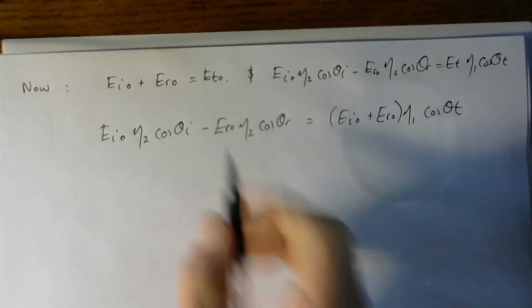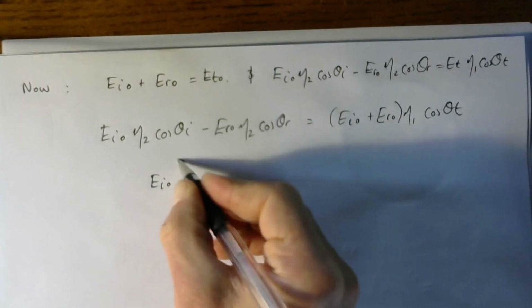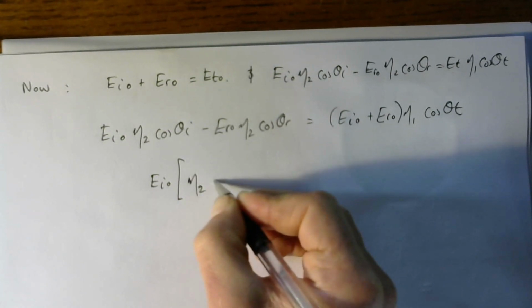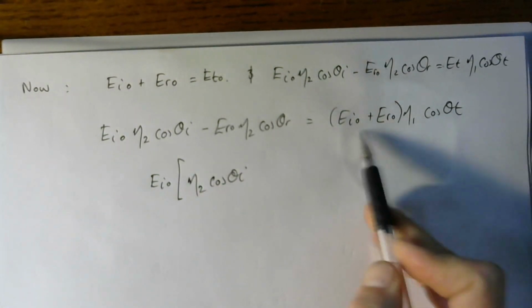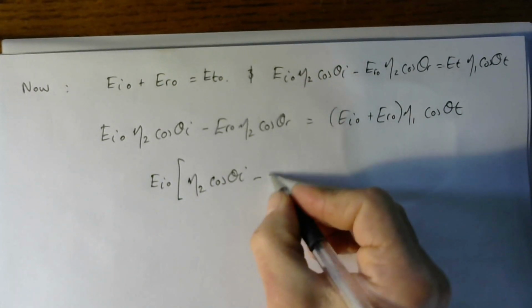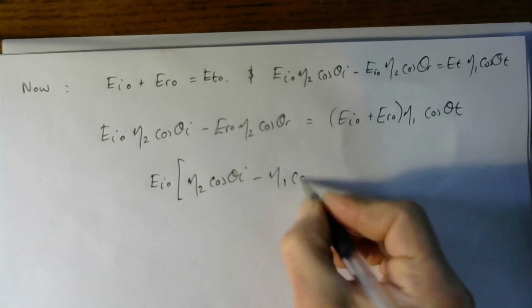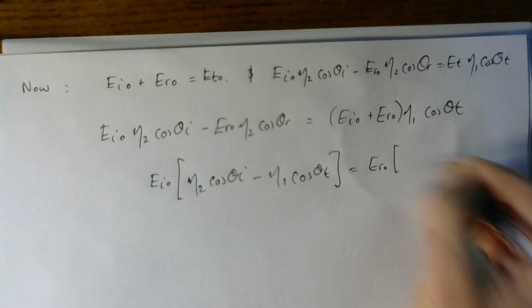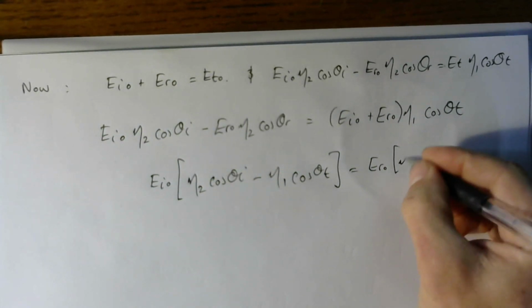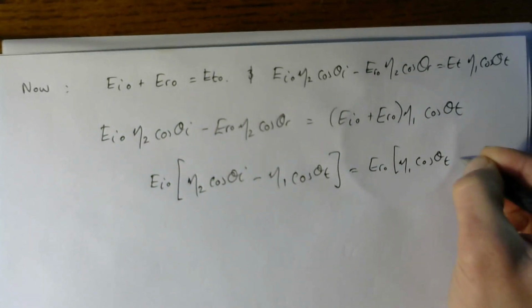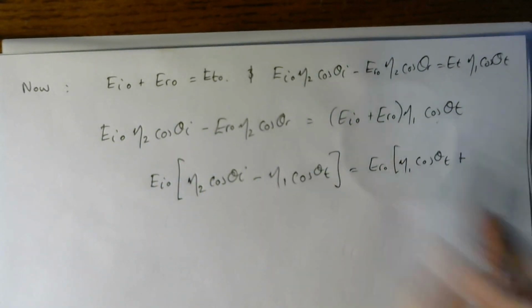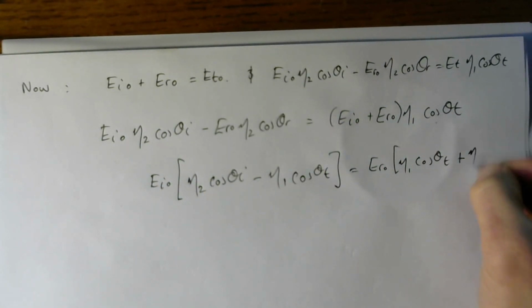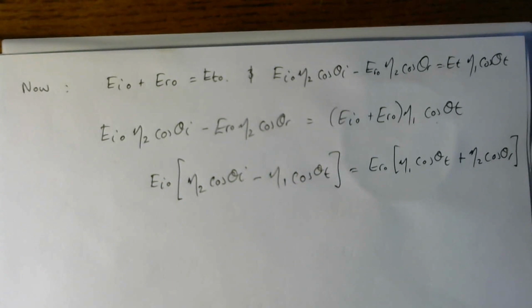On the left hand side, group the EI0s: EI0 times eta 2 cos theta I minus eta 1 cos theta t is equal to ER0 times eta 1 cos theta t plus, just take that part over, plus eta 2 cos theta R. Now I'm getting very close.